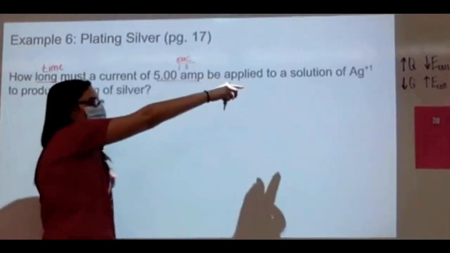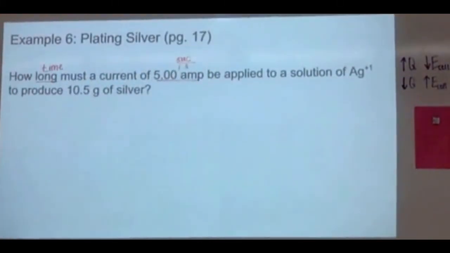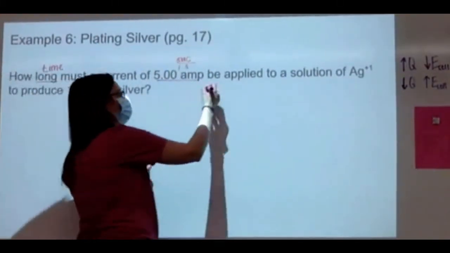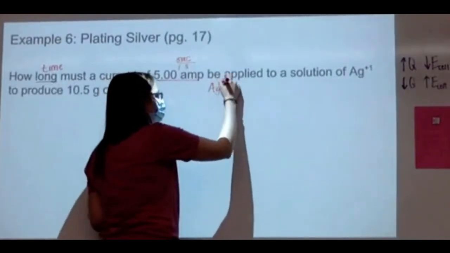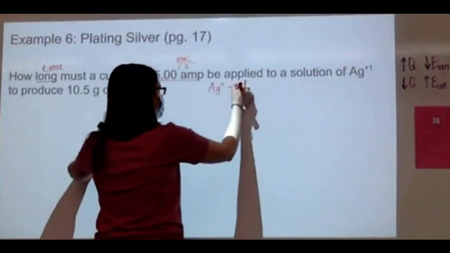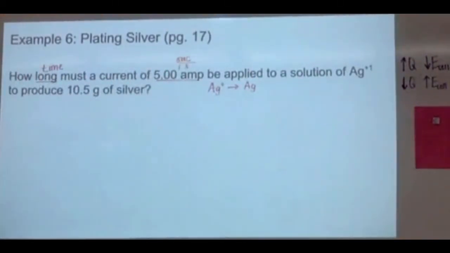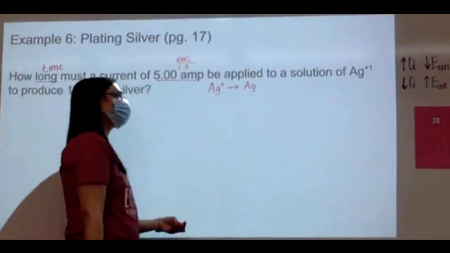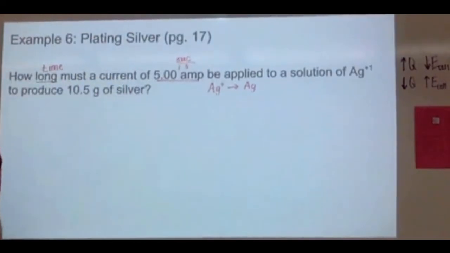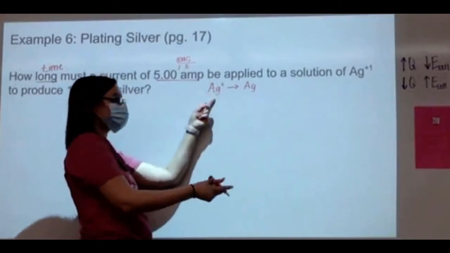And then you always want to make sure that you can determine the number of electrons. So we have a solution of Ag plus, and we're producing silver. So we're just producing Ag. This is nothing more than balancing this half reaction. When I say balancing the half reaction here, you're just adding electrons to one of the sides. So this side is +1 because it's Ag plus.